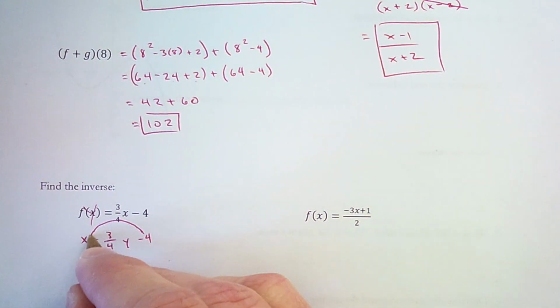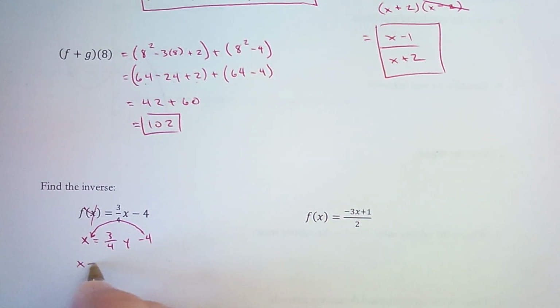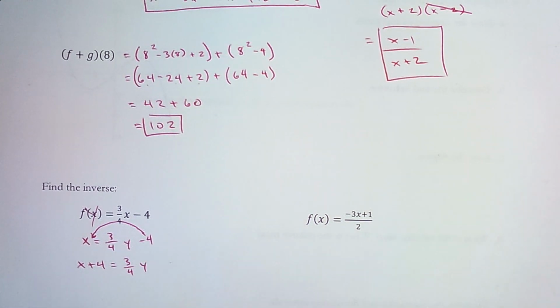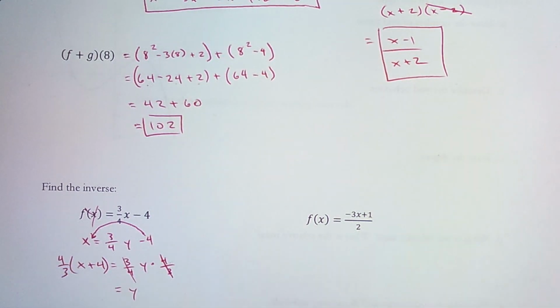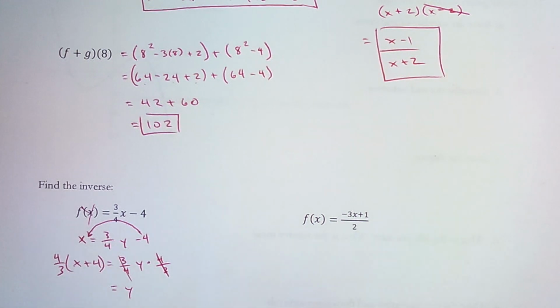So I'm going to take this minus 4 and move it right here, so it becomes x plus 4 equals 3/4 y. Then I'm going to multiply both sides by the reciprocal of 3/4, which is 4/3. And that cancels, so we get y on the right side. And on the left side, we can distribute.